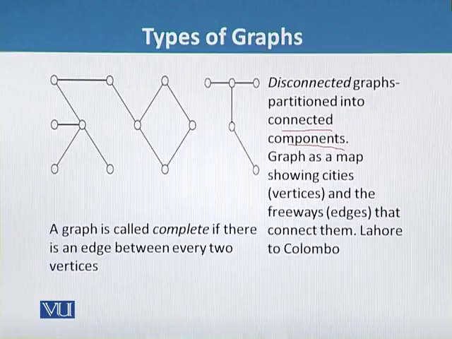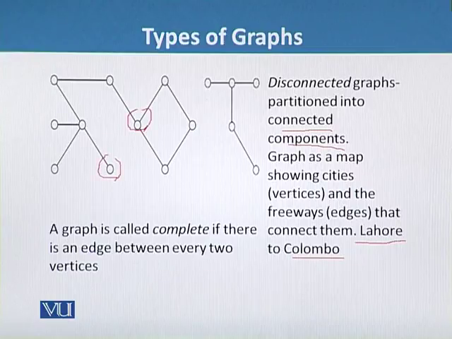And we can see on the map that not all of the cities are connected by highways. For example, we cannot travel from Lahore to Colombo through highways, because there is an ocean between Lahore and Colombo. So if this is Lahore and this is Colombo, we cannot travel directly from here to here. And these are examples of disconnected graphs.